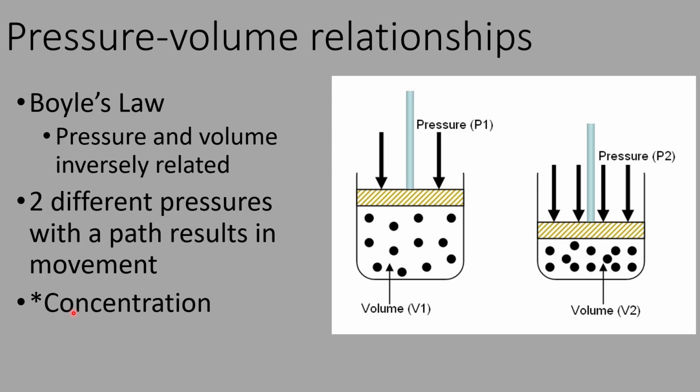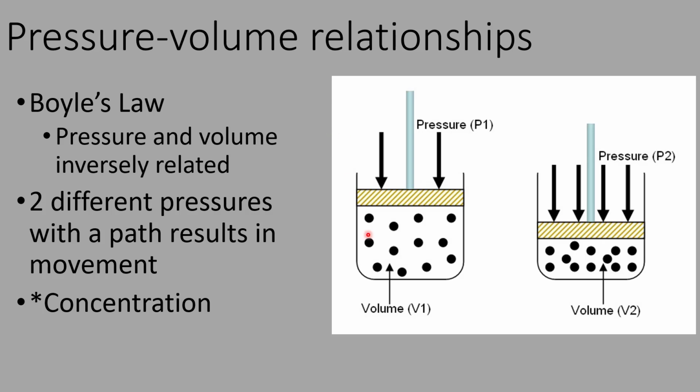Everything liked to move from high concentration towards low concentration. Well, now we're going to say the exact same thing, except we're going to change the word concentration to the word pressure. Everything likes to move from an area of high pressure to low pressure. Everything likes to move down its pressure gradient.